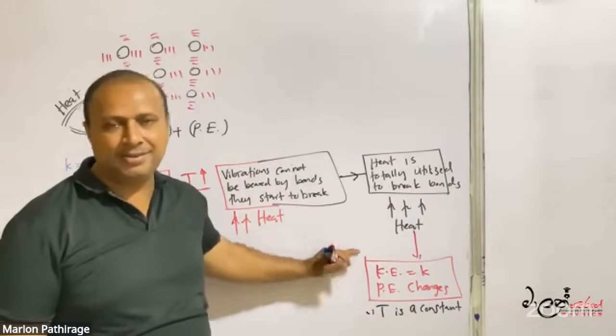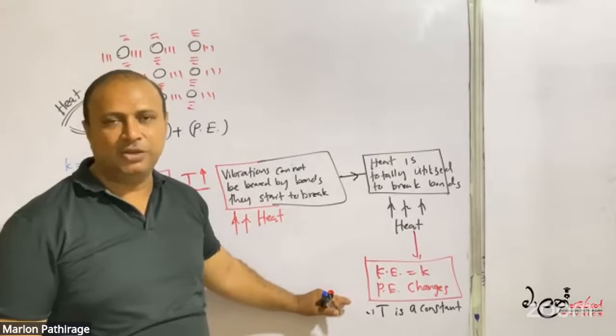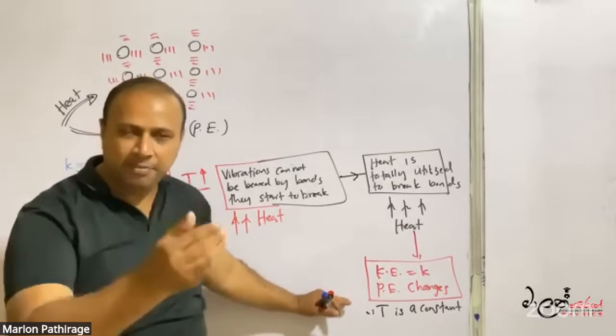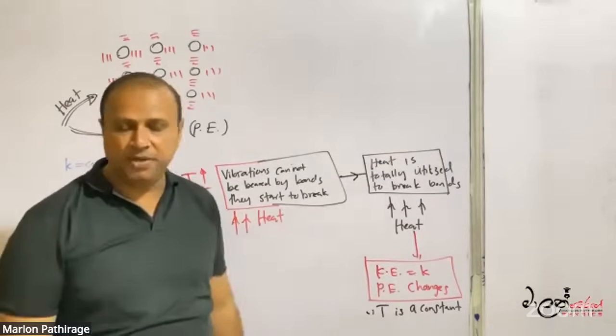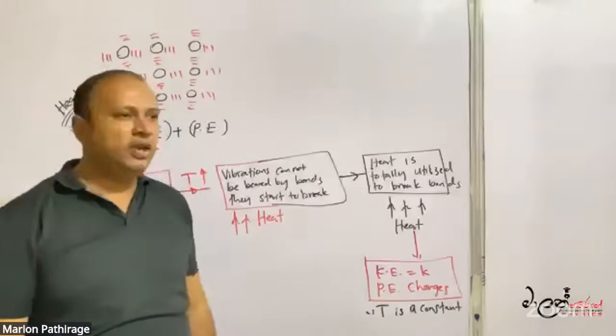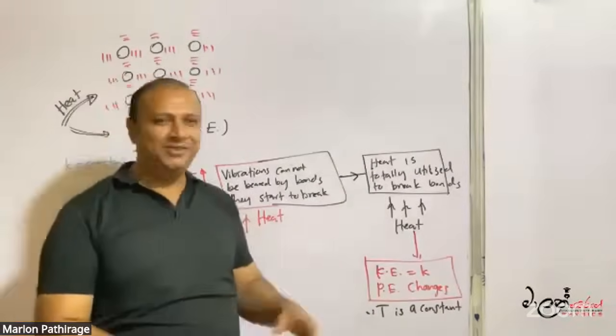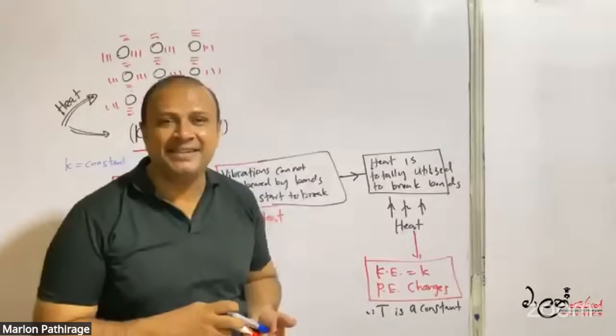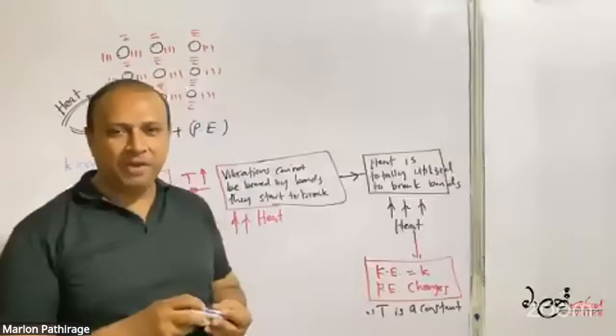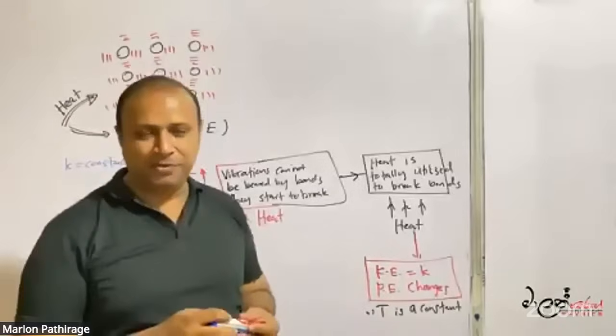So temperature is constant, but the object absorbs heat. We call that heat latent heat. You may know that word, latent heat.